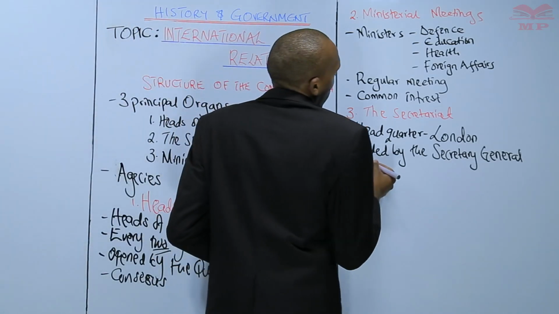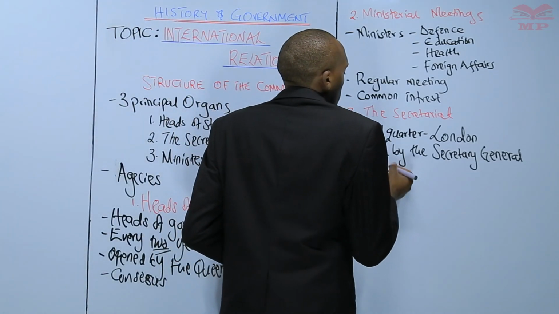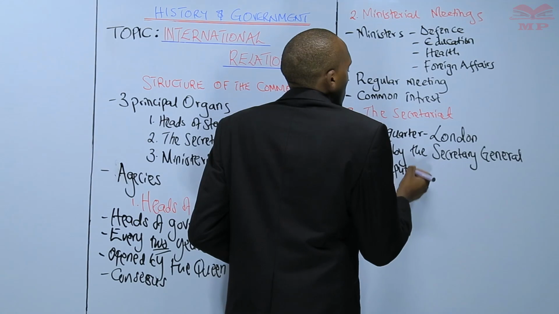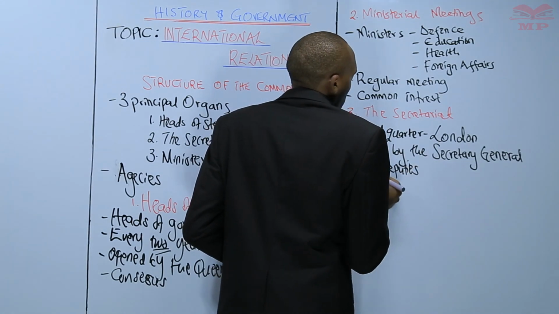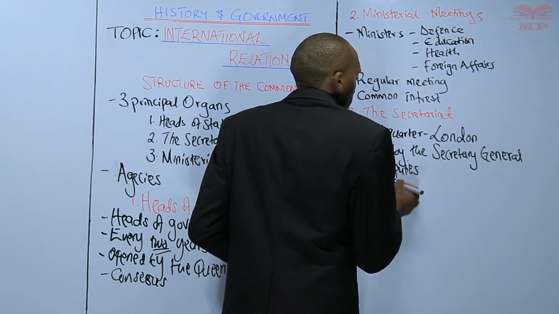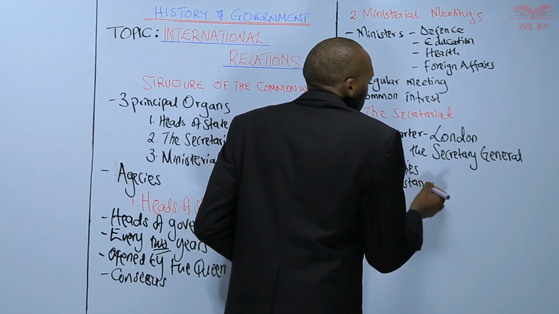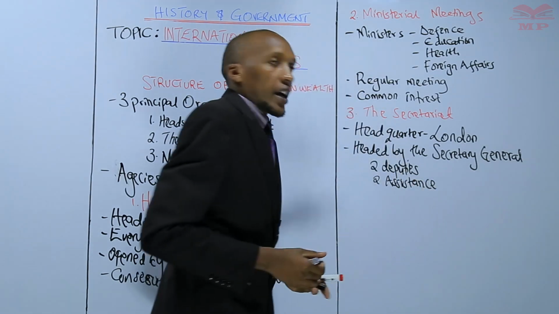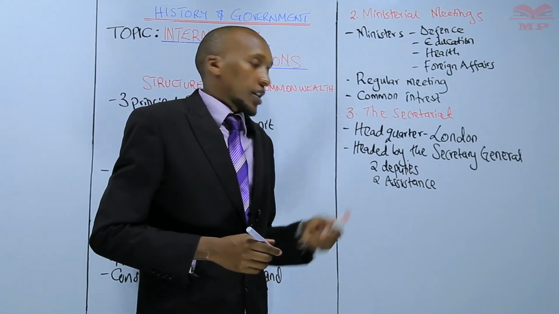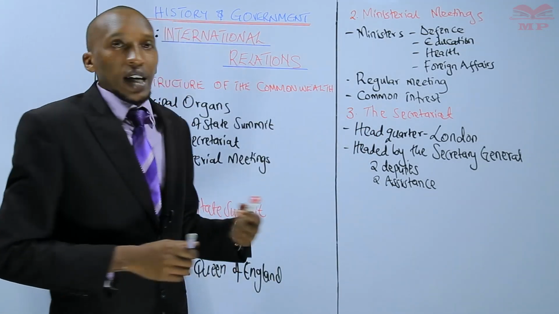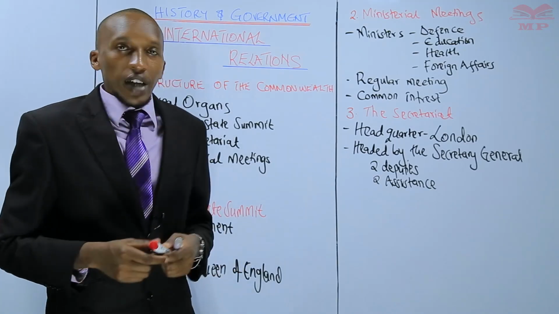The secretary general has two deputies. He or she has two deputies, and he also has two assistants to help him in running the day-to-day affairs of the secretariat.